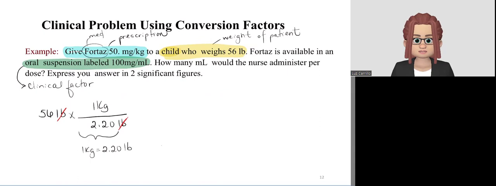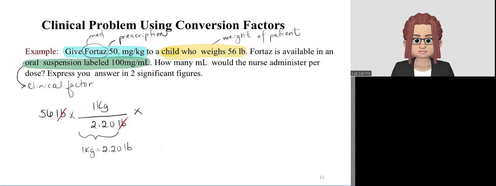In the next part of this dimensional analysis setup that I have, I'm going to utilize the prescription. I'm going to find out overall how much medication do I need to give my patient. Notice that it says 50 milligrams per kilogram.